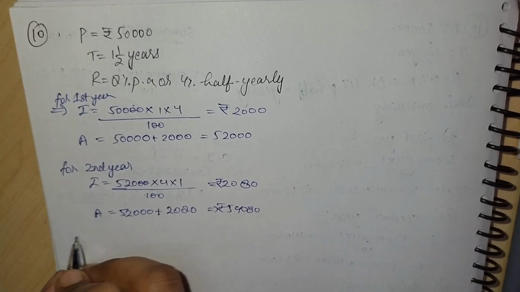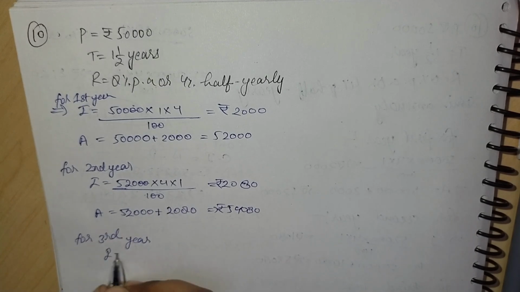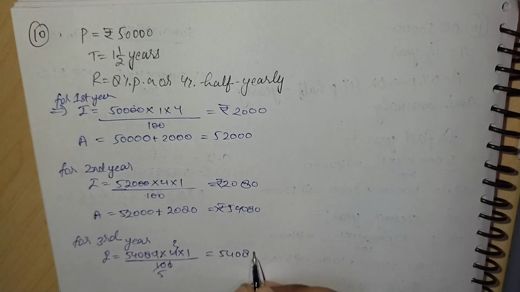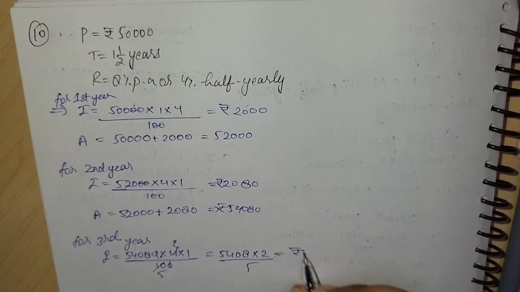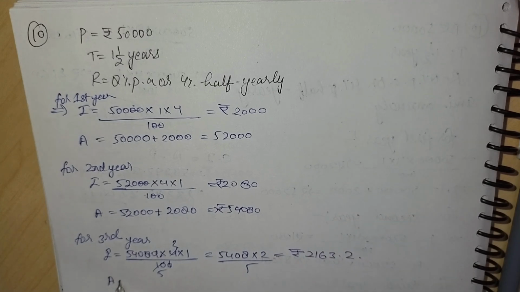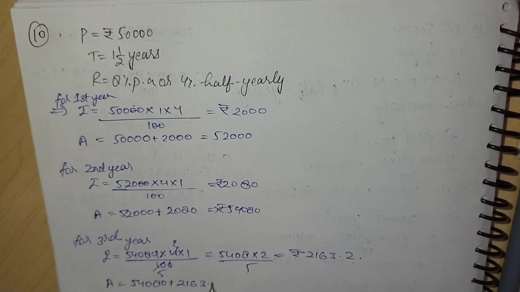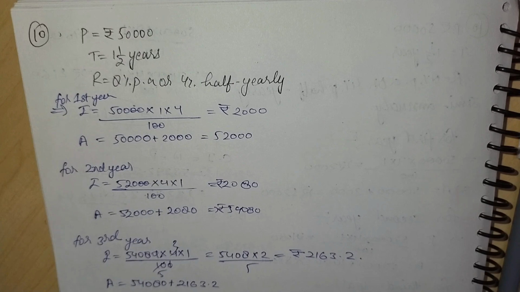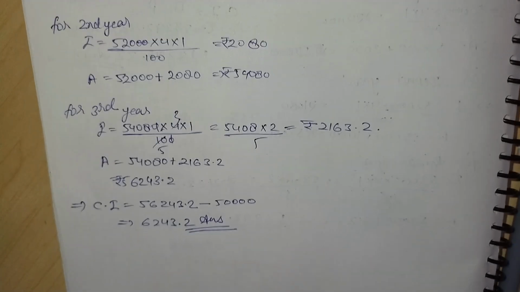On adding it in the amount we will get 54,080. Calculating the interest for third year, we will get here rupees 2,163.2 and the amount as rupees 56,243.2. So here we will get the answer. Now here compound interest is equal to amount minus principal amount. So we will get the answer.